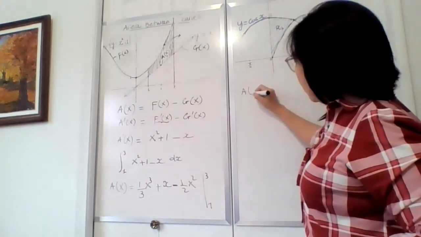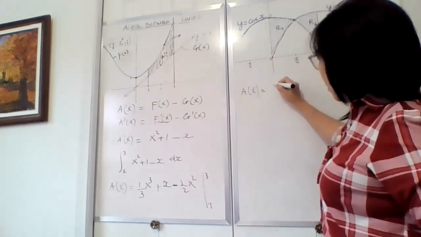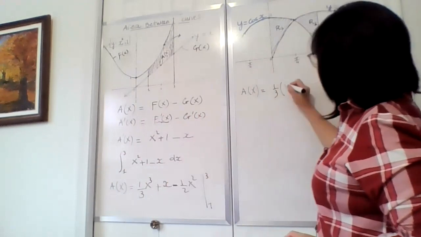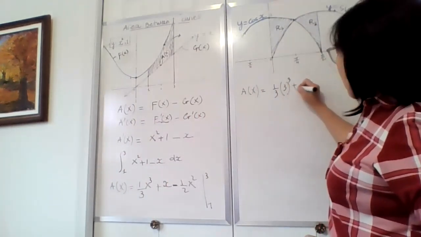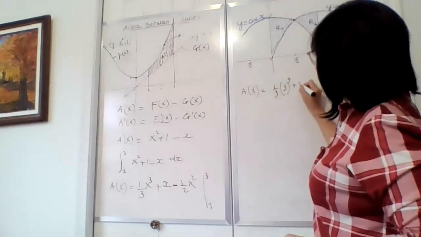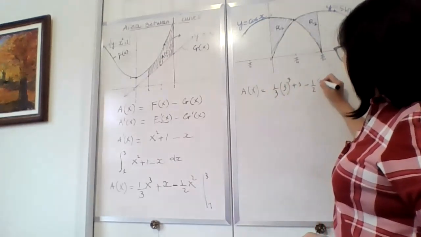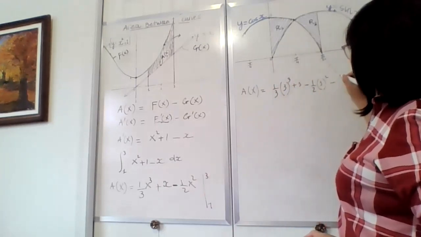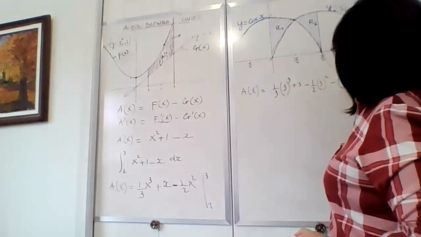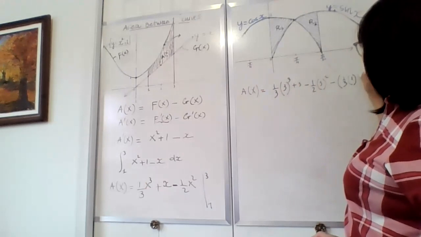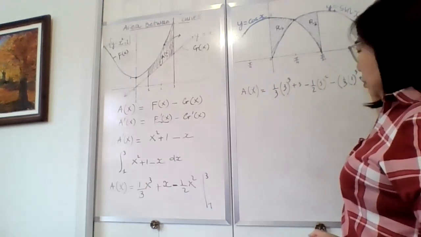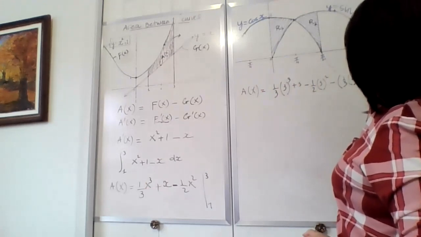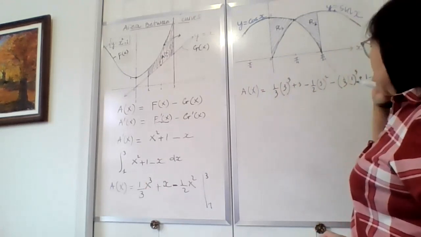So our area A equals 1 over 3, and I'm going to substitute the 3 here for the value of x, to the power 3, adding 3 for x, minus 1/2, and x is 3 squared, minus 1 over 3, and x here is 1 to the power 3, adding 1, minus 1/2, and x here is 1 squared, and close the bracket.